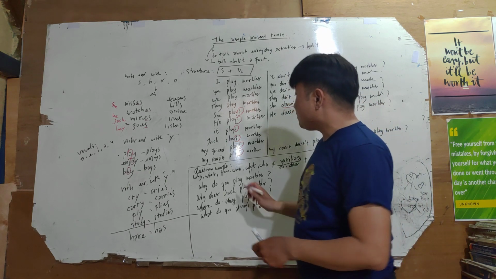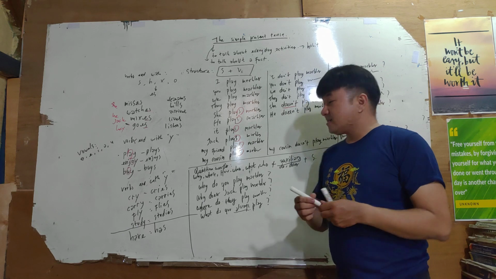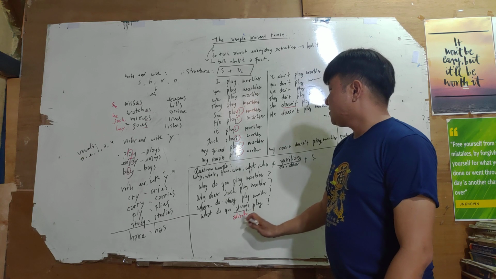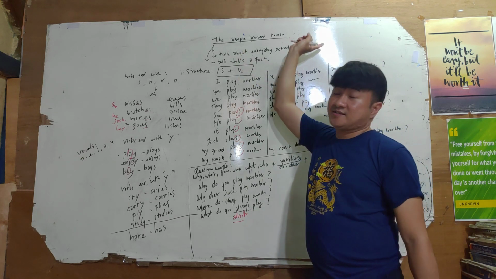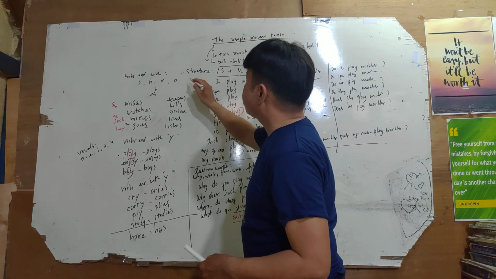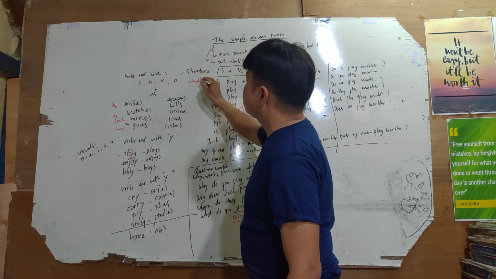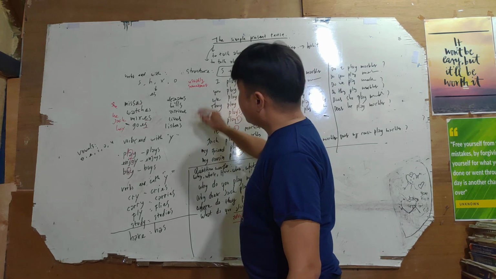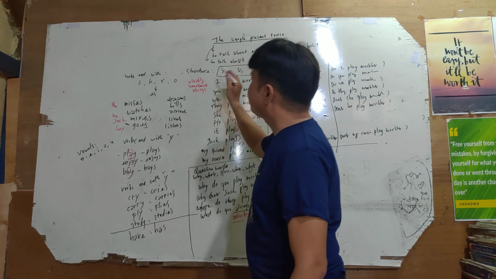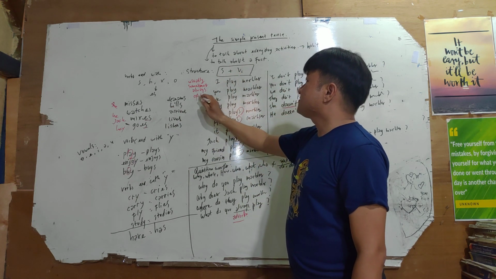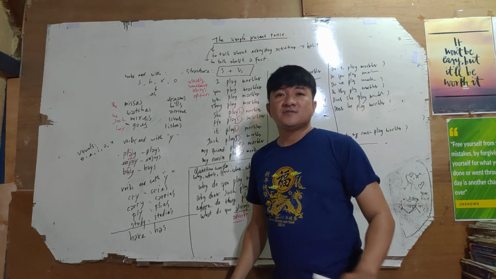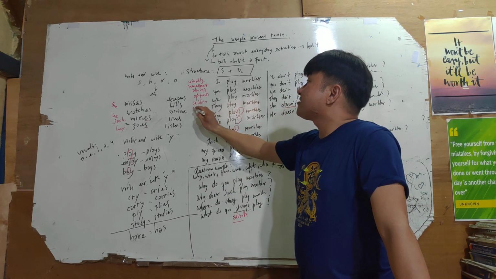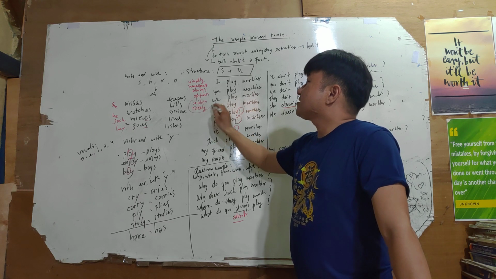Now in here, always is another word used with the simple present tense. The other adverbs are like usually, sometimes, always, often, and seldom or rarely, okay, these two are synonyms.